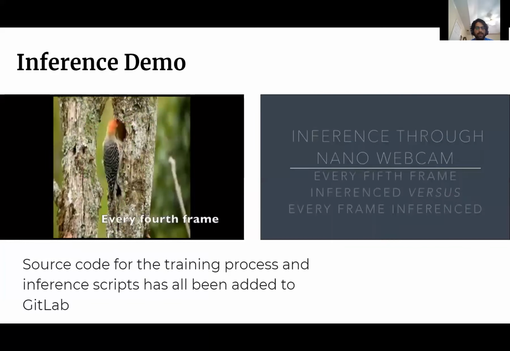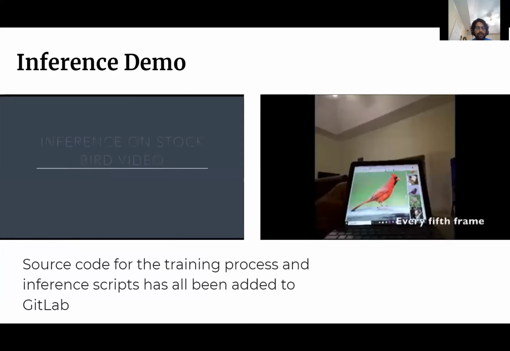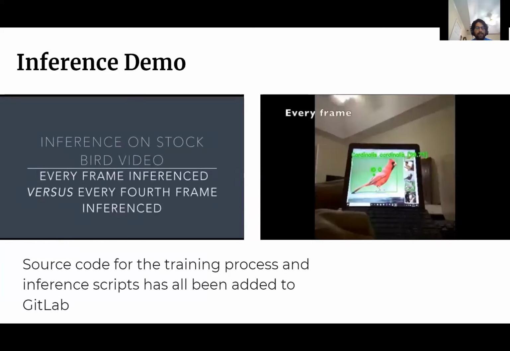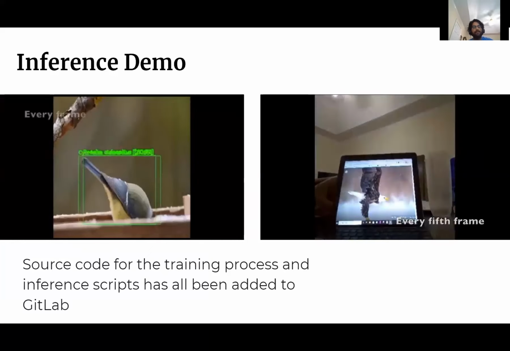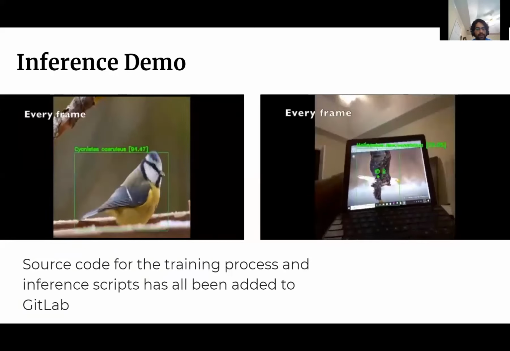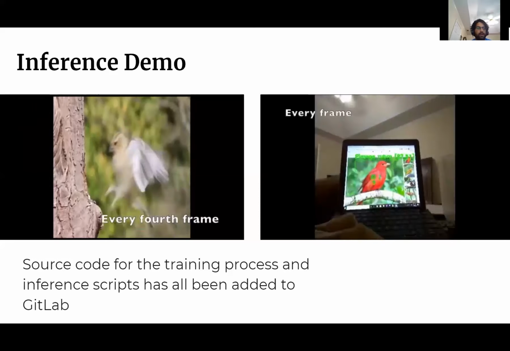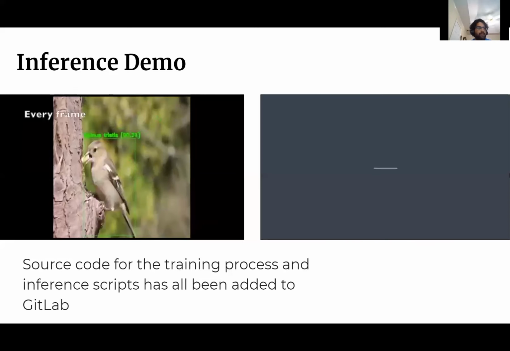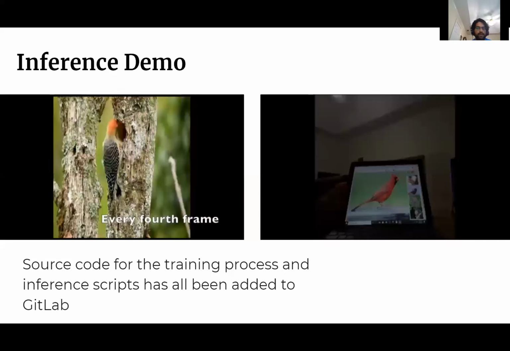Each individual demo switches between a view of every frame inferenced versus every 4th or 5th frame inferenced. The main point of this is to exemplify our potential inferencing capabilities, which would be the real-time every frame inferenced.